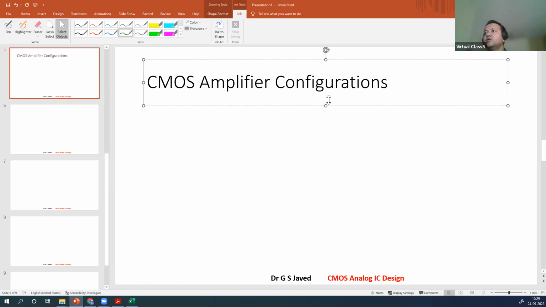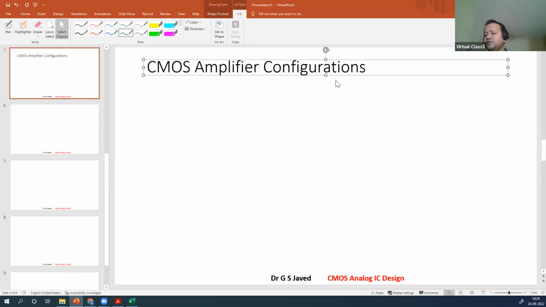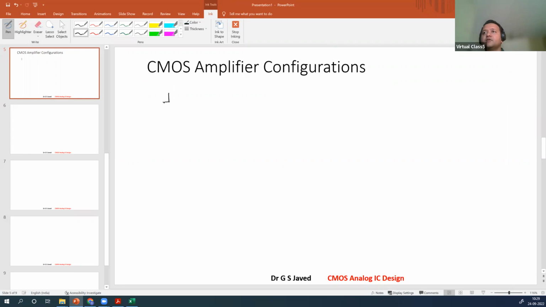So what this means is, how can you use the CMOS device to configure various ways? So there are two ways of doing it, right? Or rather 3 ways. What are the 3 ways? You can connect the input in a MOS transistor in 3 places. So this is 1, 2, 3.